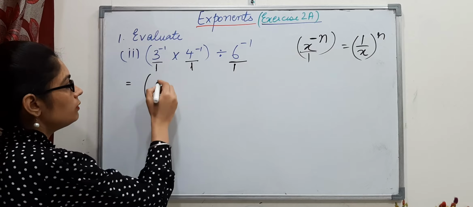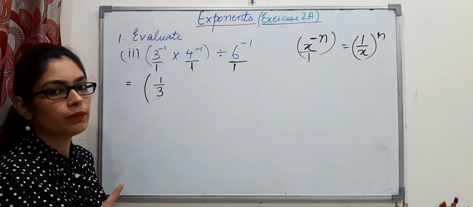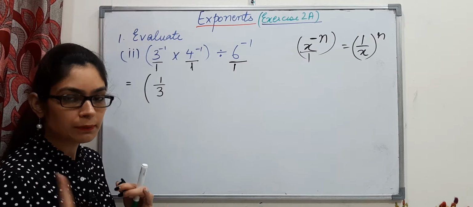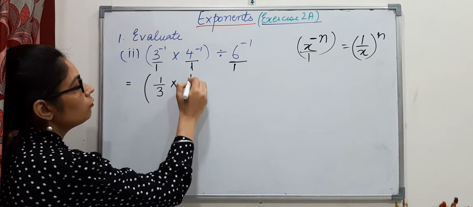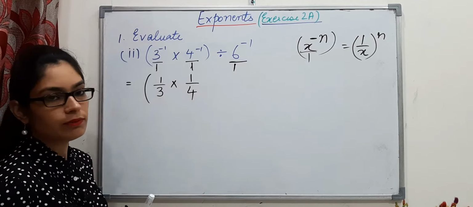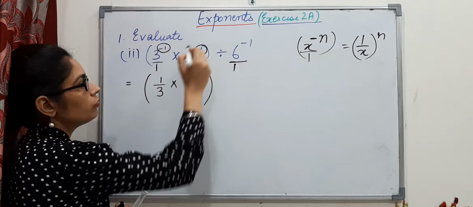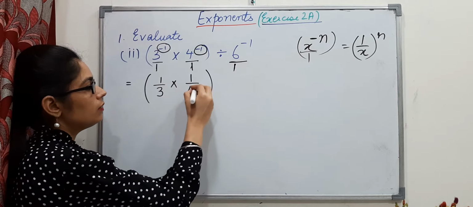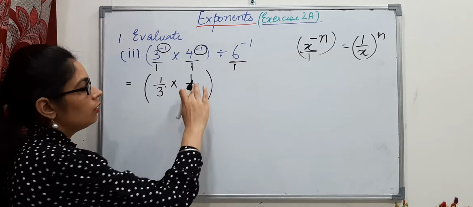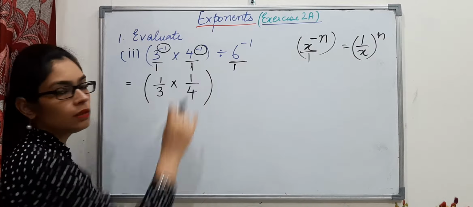So the reciprocal of this will be 1 by 3. Power, if 1 is the power, no need to write. If plus 1, no need to write, but minus 1 you have to write. So 1 by 3 into 1 by 4. See what I have done, I have just made these powers positive. Minus 1 I have changed to plus 1, by taking the reciprocal of the given number.